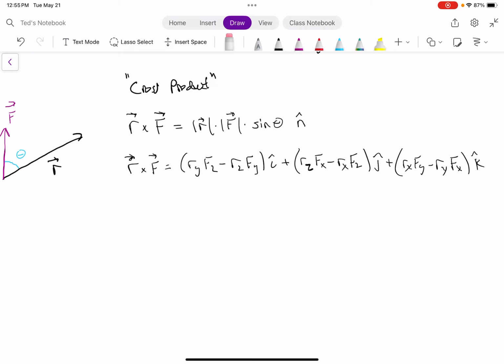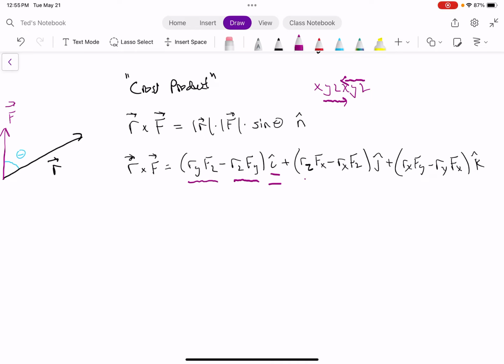And then it's just a matter of keeping track of which one is positive and which one is negative. The order is what matters: X, Y, Z, X, Y, Z. You can see this one goes Y, Z, X, which is in the forward order, whereas this goes Z, Y, X, which is in the backwards order, so that's negative.